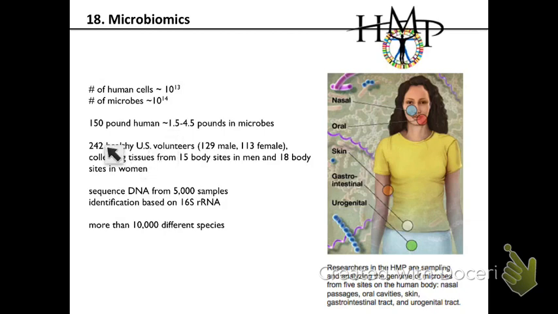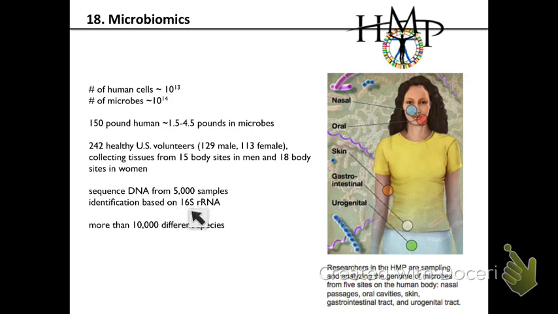So in this study, what they did is they took 242 healthy U.S. volunteers, this many male, this many female, collected tissues from 15 body sites from men and 18 body sites from women. And then they sequenced the DNA from 5,000 samples and identified the bacterial genus, right?